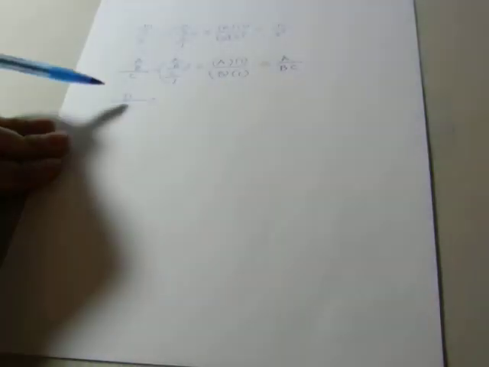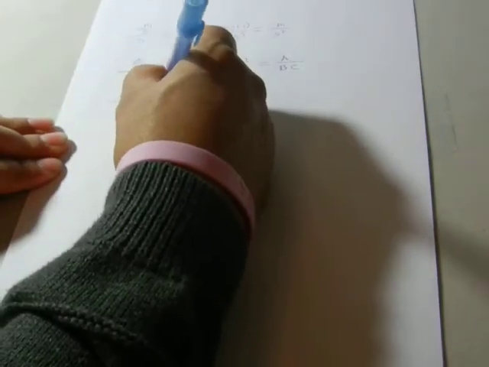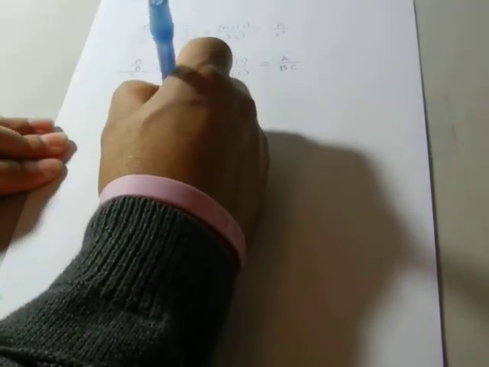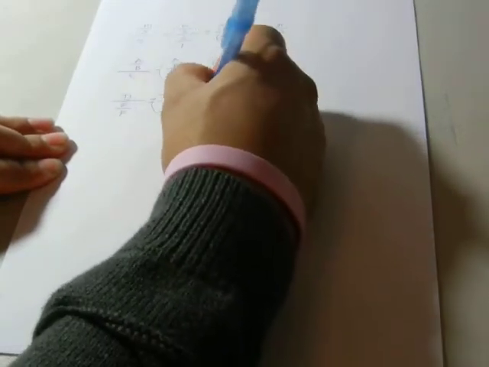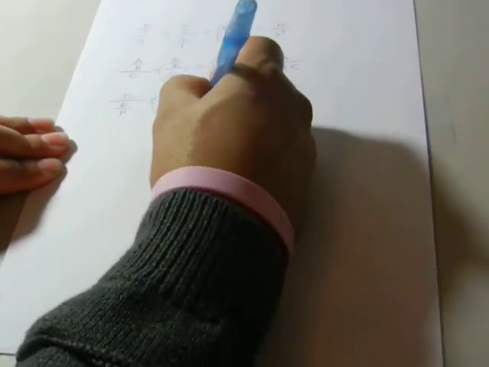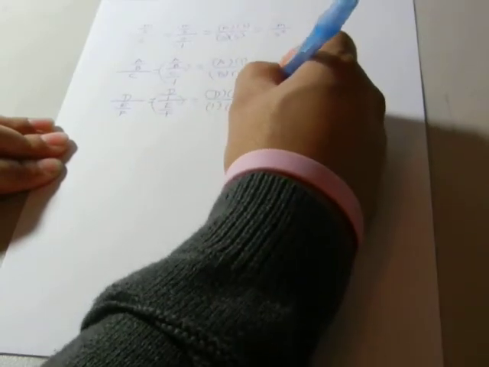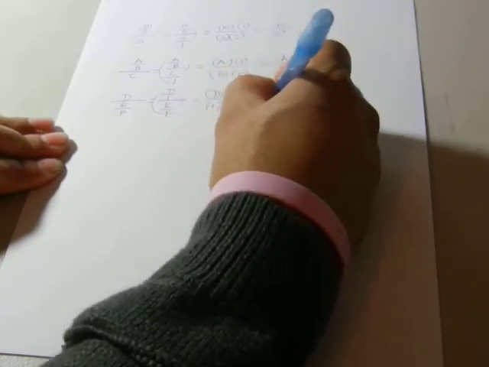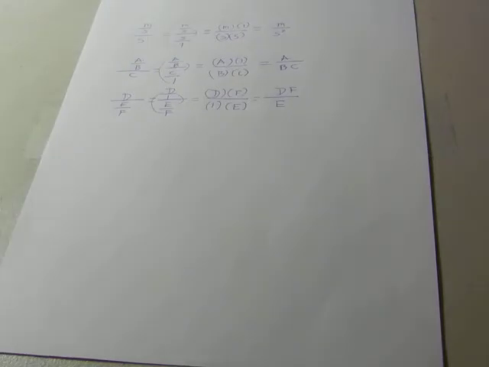The integer this time is in the numerator. We have a fraction also. So divide the integer by 1 and we can apply the sandwich. d times f in the numerator and the intermediate terms in the denominator. So we have df over e. That is the way to solve division with fractions.